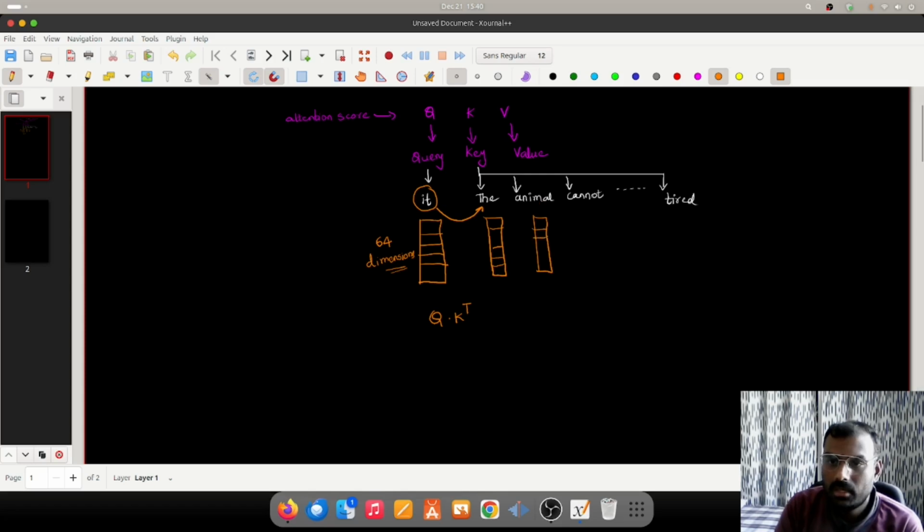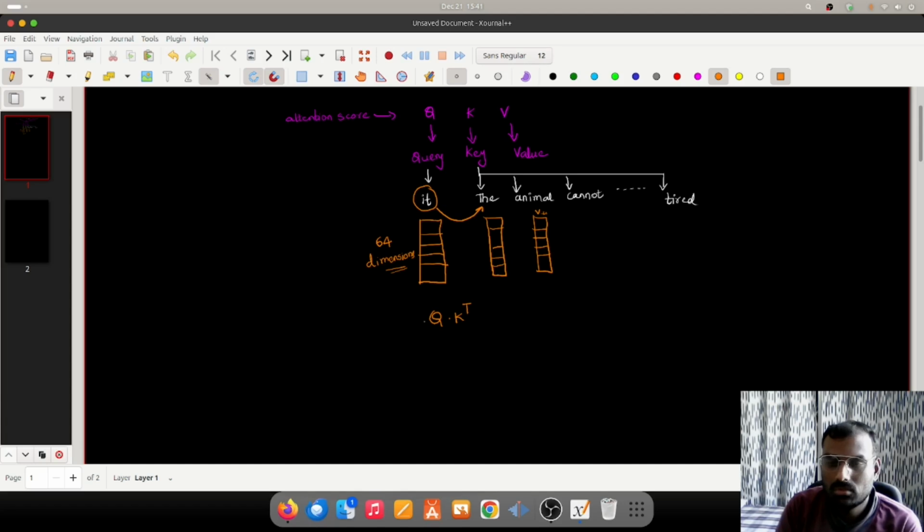So obviously, here animal will contain a vector. This vector will contain values that are much higher, and the word it also contains values that are much higher.